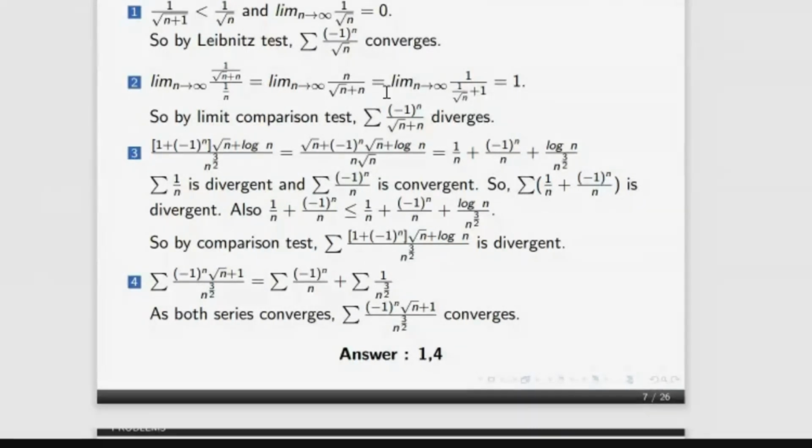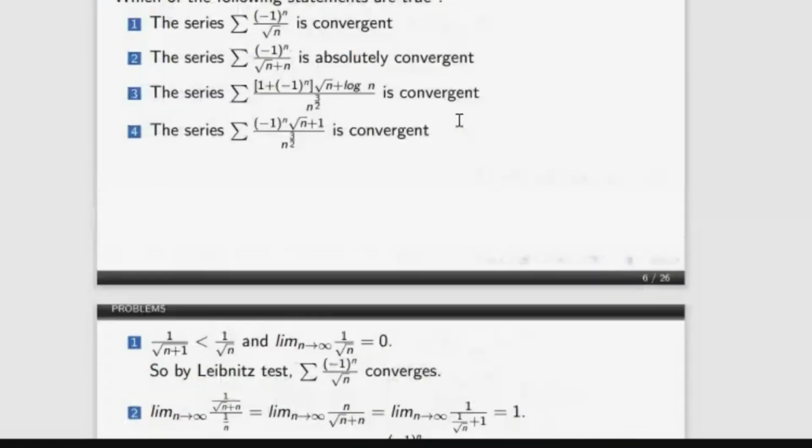Dividing entirely by n, I get 1 by root n plus 1, giving limit 1. So using the limit comparison test, I have got a finite value. So series 1 by n and series 1 by root n plus n behave alike, which means since the harmonic series is divergent, the series that I have is not absolutely convergent. Actually here it is not absolutely convergent, right?